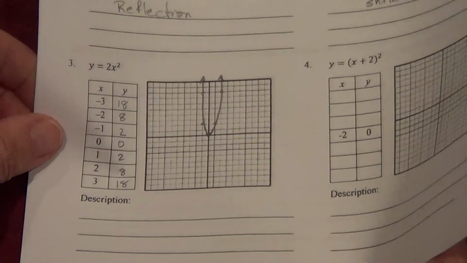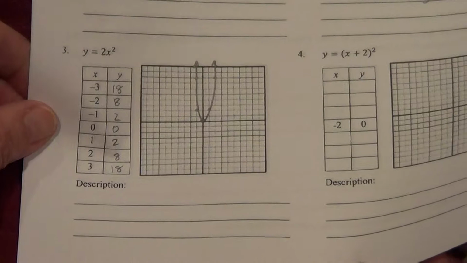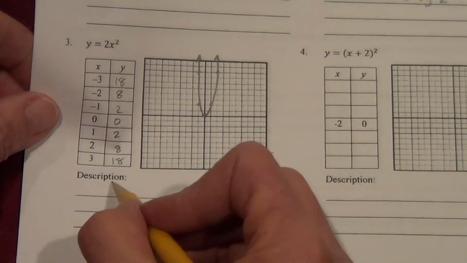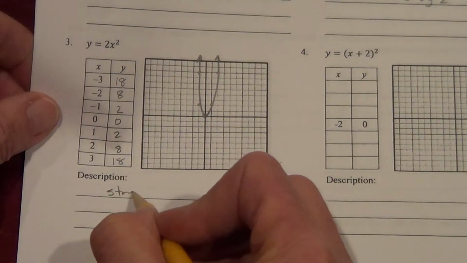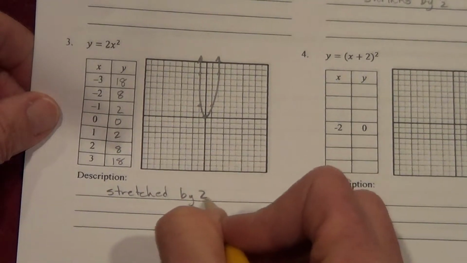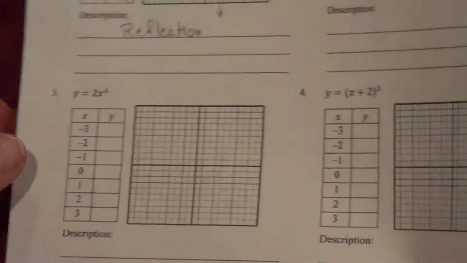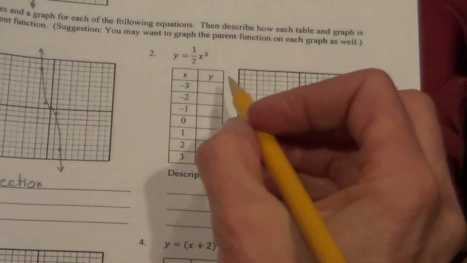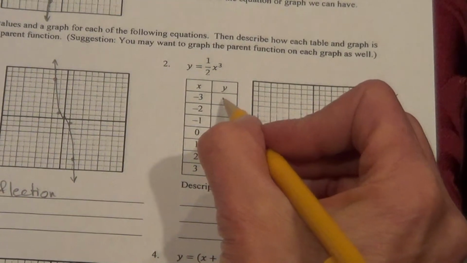I have a lot of students that'll mark that as being skinny, but it doesn't make sense when it's on a linear graph. So get used to the terminology that it's stretched by 2. 2 being the number that we have out front. Cubic again. We're going to see it shrink to the x-axis.